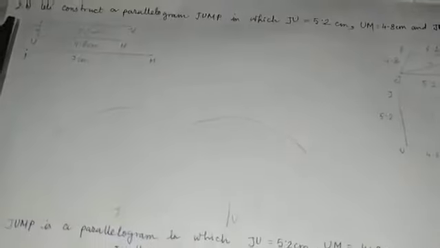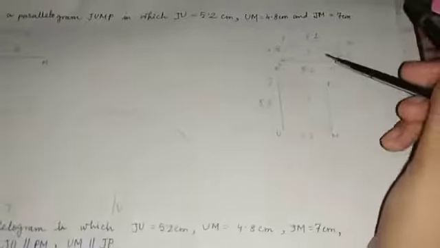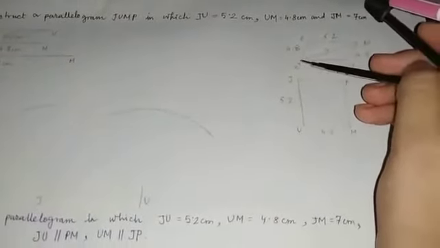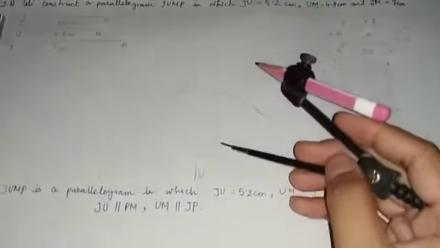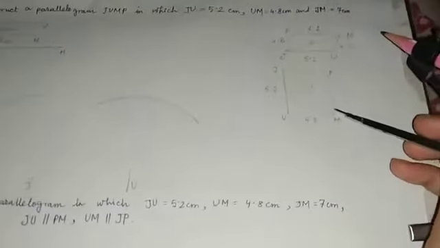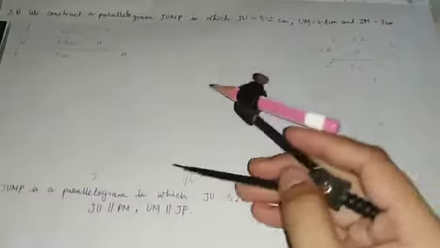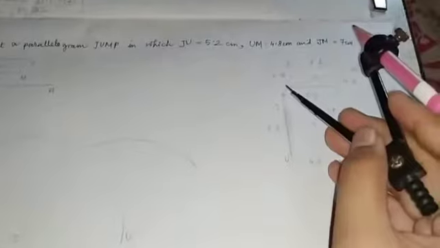Now after drawing this, you have to take the length of the diagonal. If you are taking this figure, then you have to put the needle at J, and you have to cut this diagonal in this way. But if you are drawing the other figure, then you have to put the needle here and cut this here. As I am doing this figure, we should put the needle at this place.